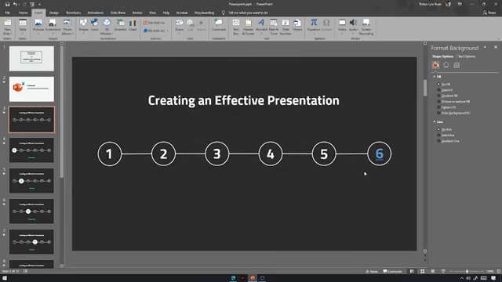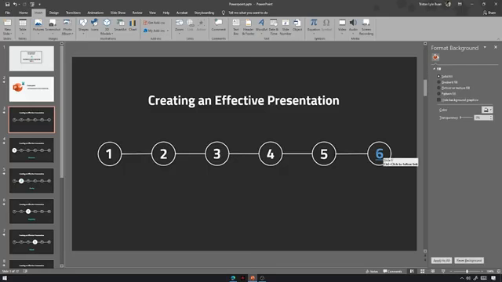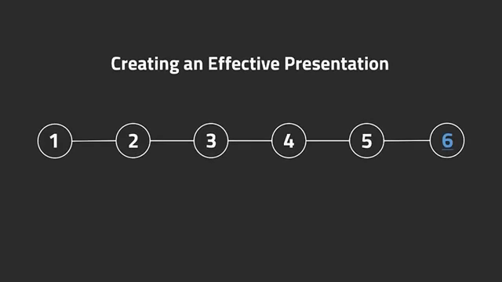As you have noticed, the number 6 now turned blue and has an underline below it. This means that a hyperlink has been created. So let us check if the hyperlink has been created. I'll just open the slideshow. And when I click this one, it will go to slide number 9.